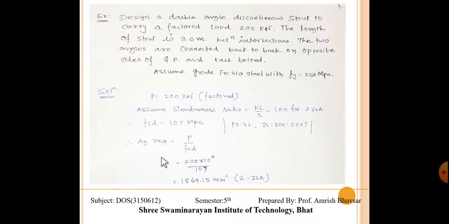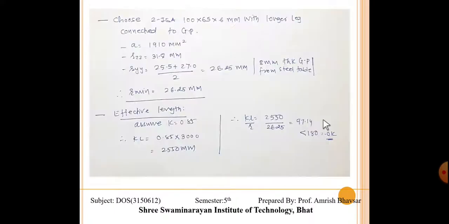Now required area, that is P upon FCD. So here the required area is 1869.15 mm square for a 2 ISA, because here we have to take double angle. So from the steel table, for the double angle strut, the area is 1910 mm square, and R minimum for that is 26.25 mm.